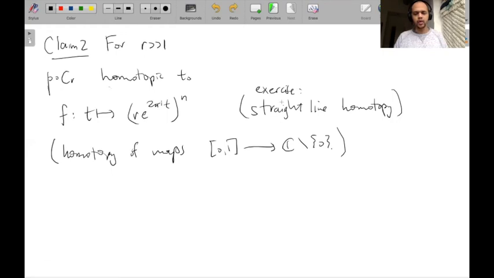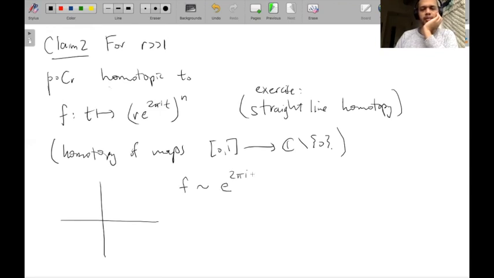Okay, but now we're done. Here, what does F do? F is homotopic to e to the 2 pi i T times N, which goes around the circle N times.